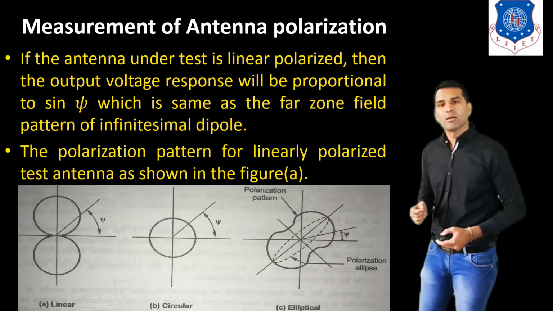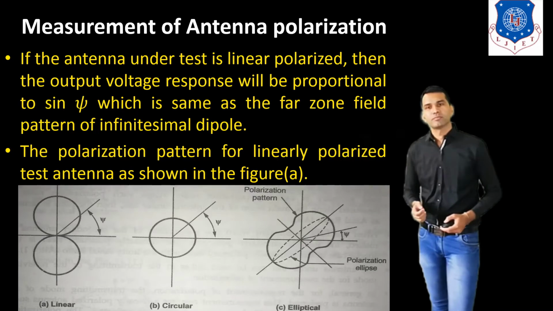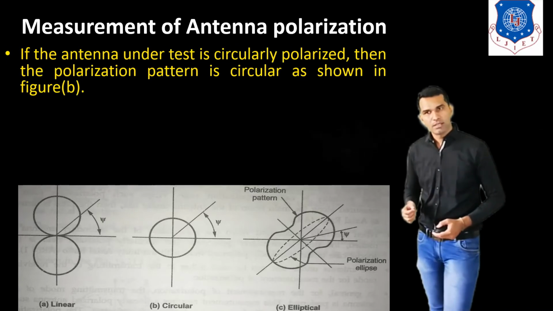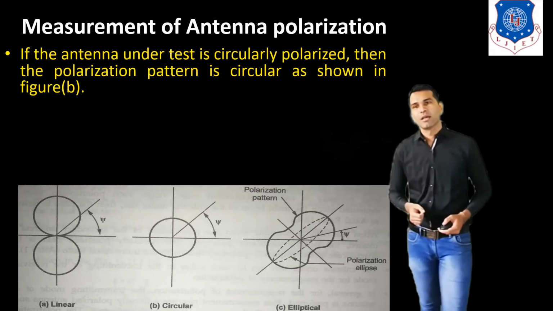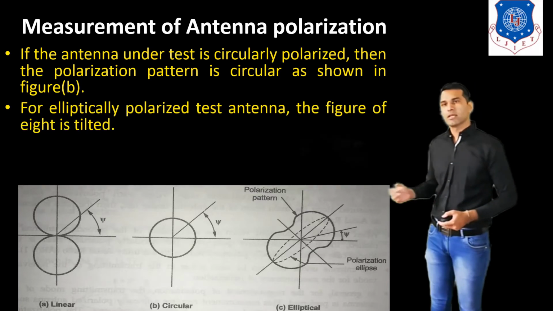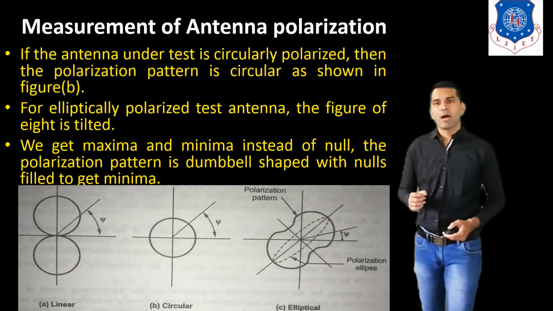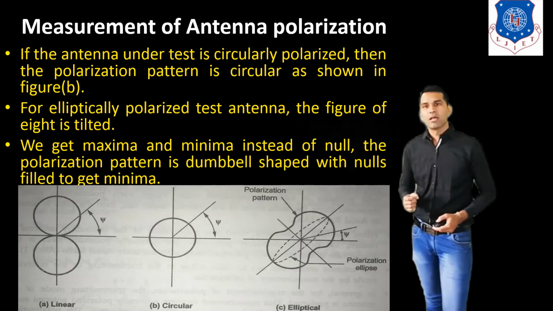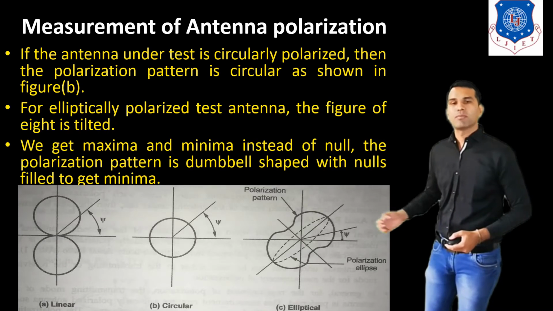The polarization pattern for a linearly polarized test antenna is as shown in figure A. If the antenna under test is circularly polarized, then the polarization pattern is circular as shown in figure B. And for an elliptically polarized test antenna, the figure of 8 is tilted. We get maxima and minima instead of null. The polarization pattern is dumbbell shaped with the null filled to get the minima. So this is the elliptical polarization.